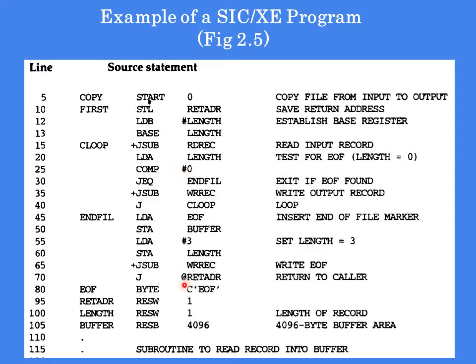Then you have @ which represents indirect addressing. So in SIC-XC, it has been written differently with all the different types of addressing modes being used in the instructions. The same program that you have seen before is being modified in order to make use of all the addressing modes supported by SIC-XC.